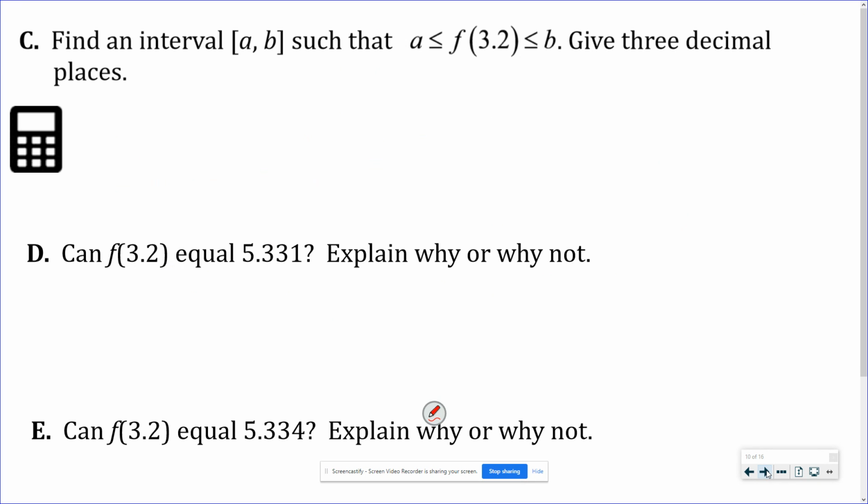So part C, find an interval such that A to B is basically like the lower bound and the upper bound of what your answers could be. So you're going to take your estimation, which was 5.329, and you are going to add the error, and then you're also going to subtract the error.